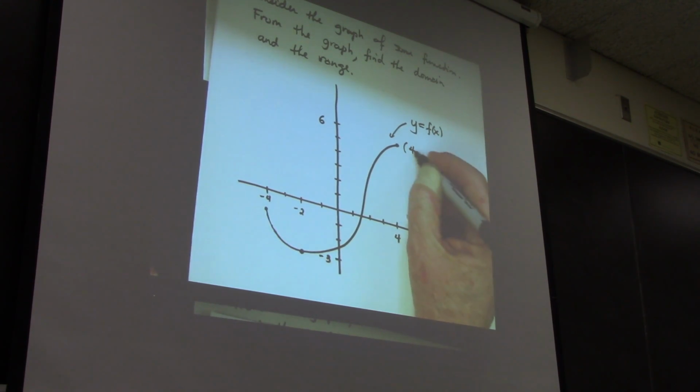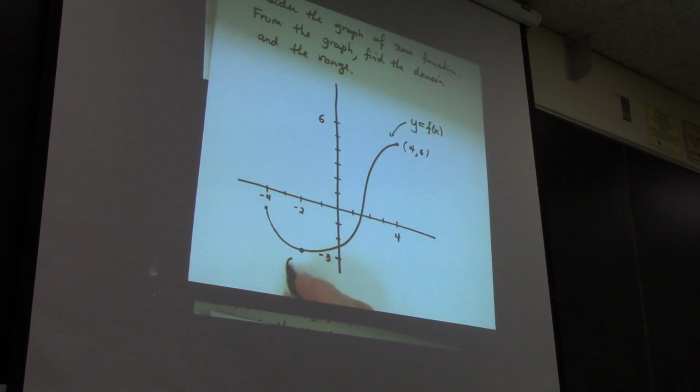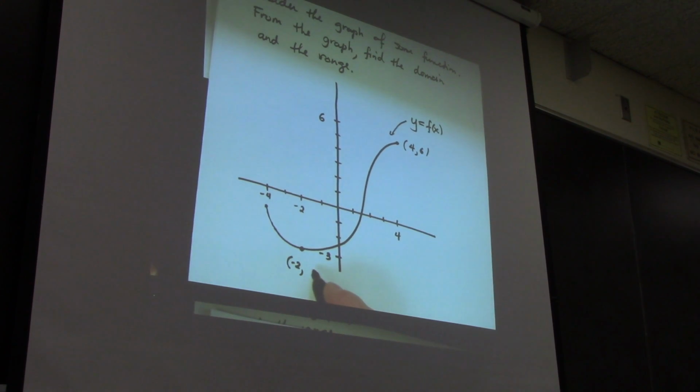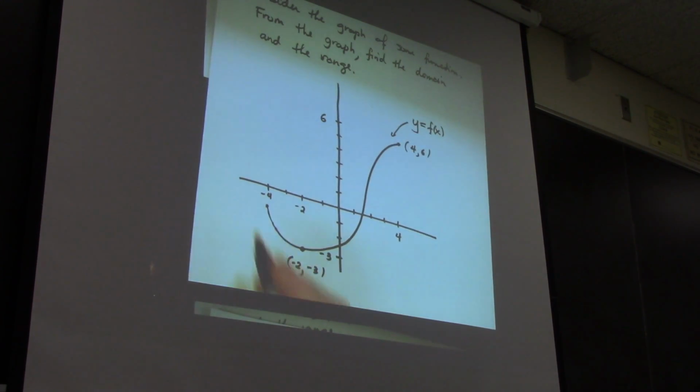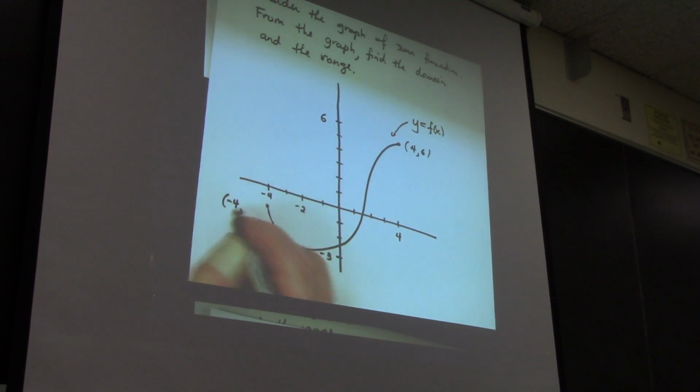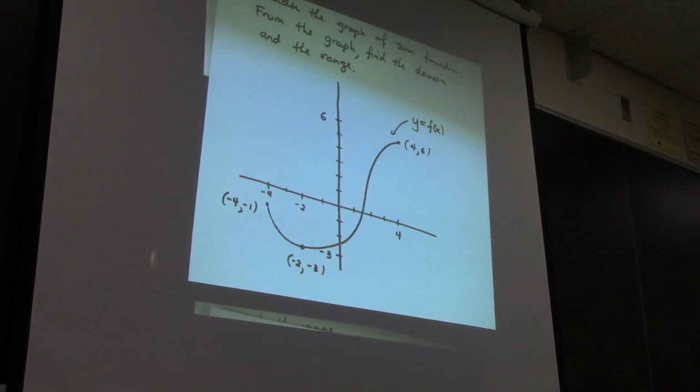Let's say that's the point 4 comma 6. This is the point negative 2 comma negative 3. This is the point negative 4 comma negative 1.